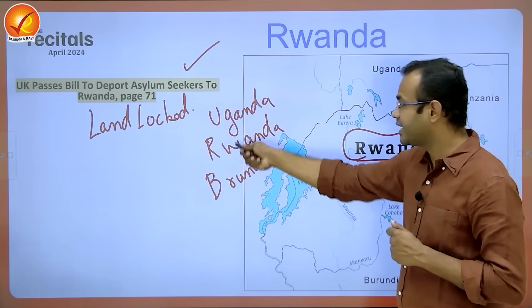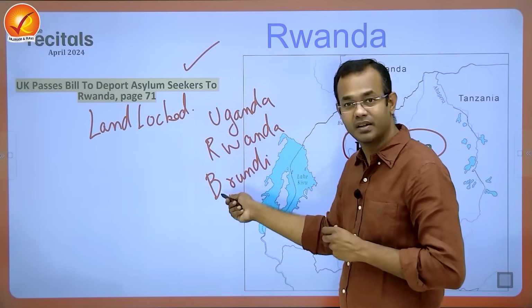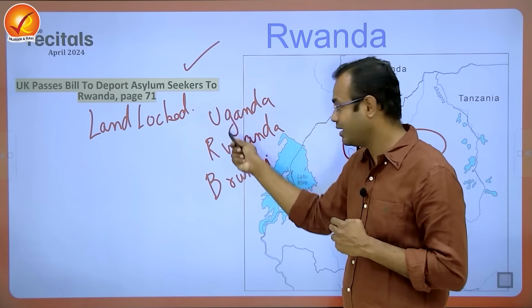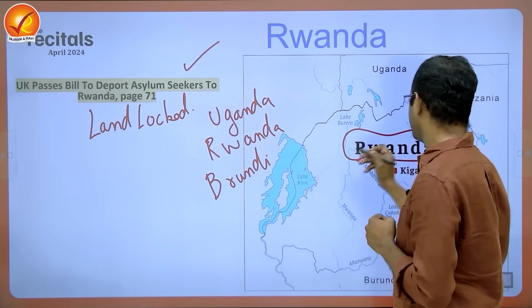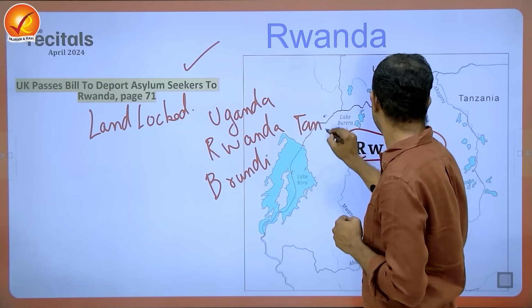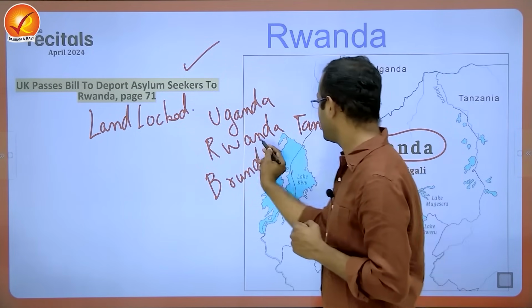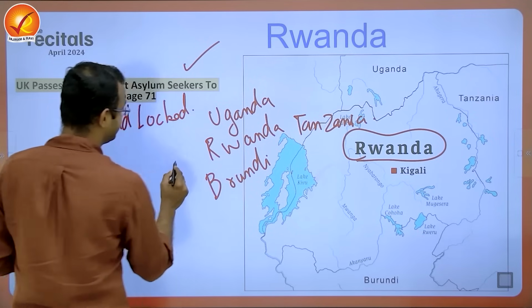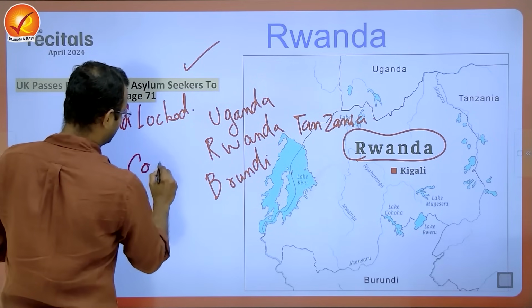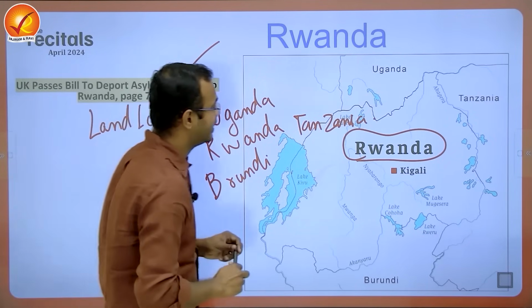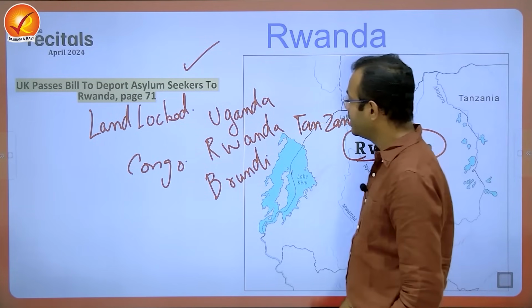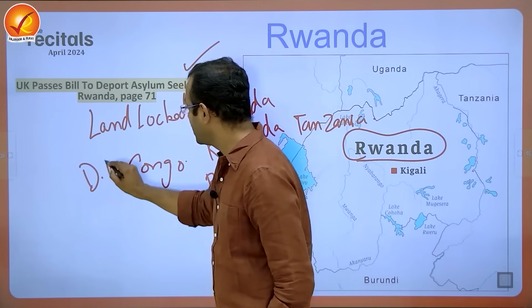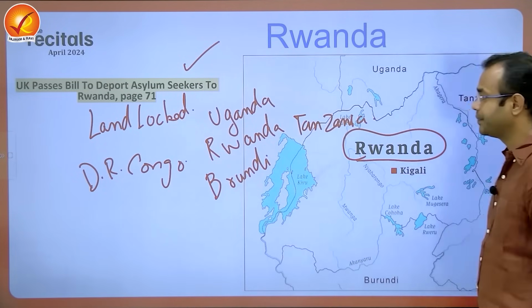Rwanda shares its border at the top with Uganda, at the south with Burundi, on the eastern side with Tanzania, and on the western side with the Democratic Republic of Congo.